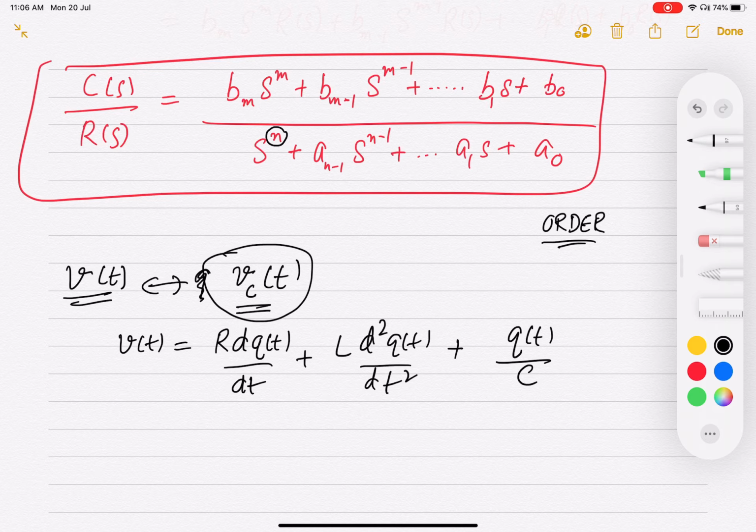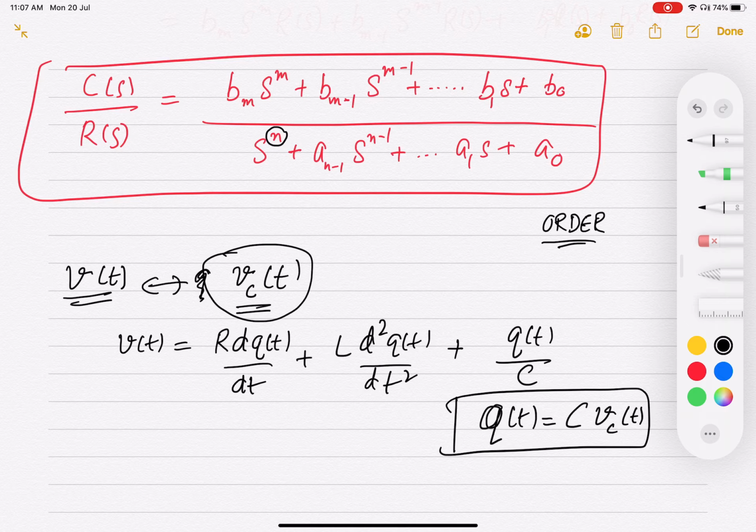So what you can do is a small substitution here. We already know that Qt is equal to C VCt, right? The relationship between the charge and the capacitor voltage is given like this.